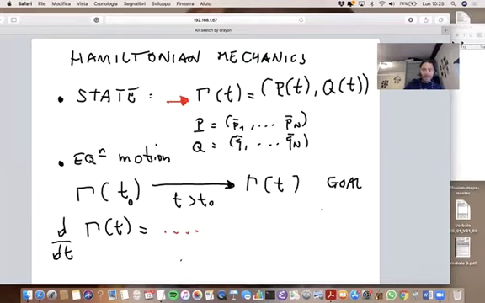And again, like in classical mechanics, this something else will be defined once you define the Hamiltonian. So it really seems that the Hamiltonian is the heart of any physical system.